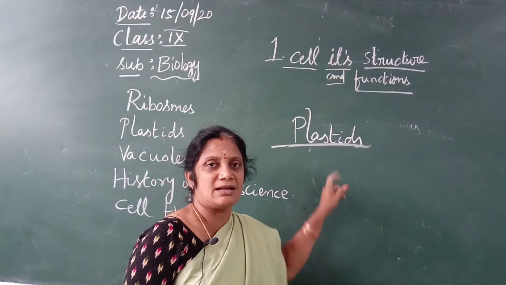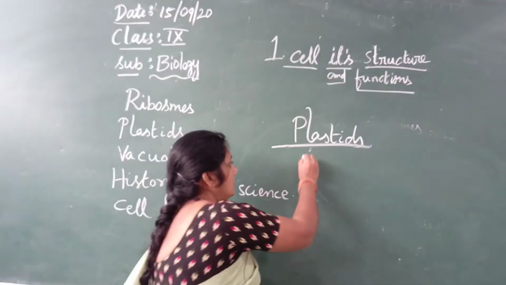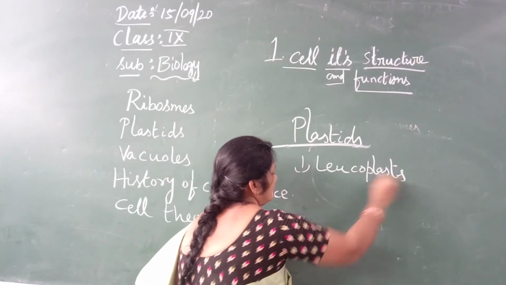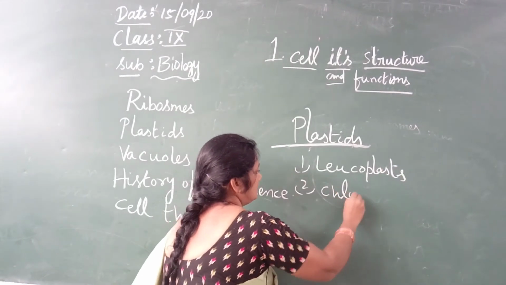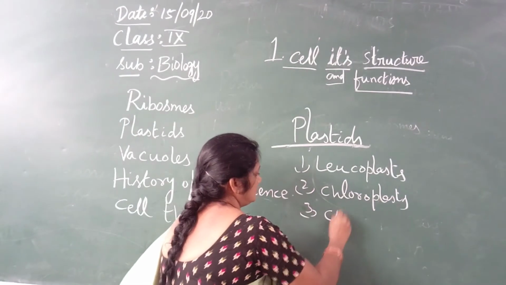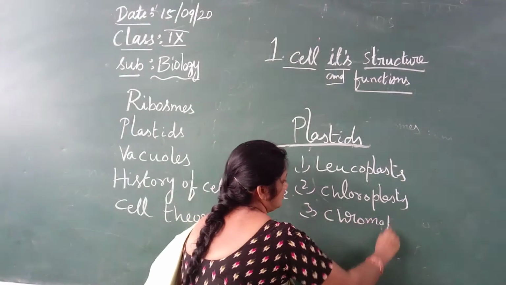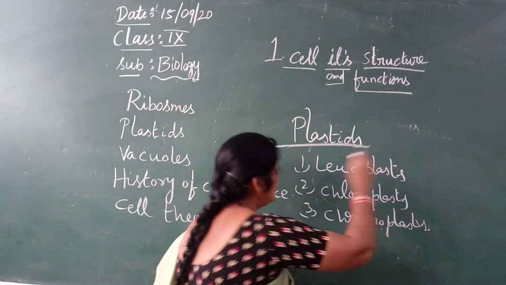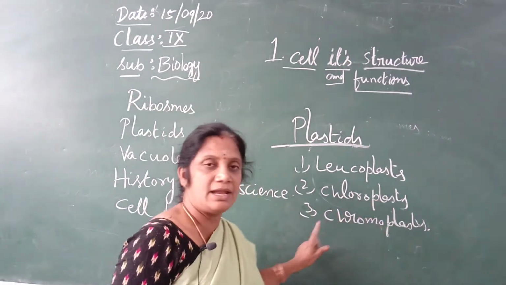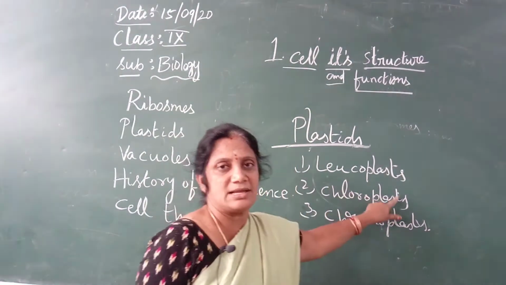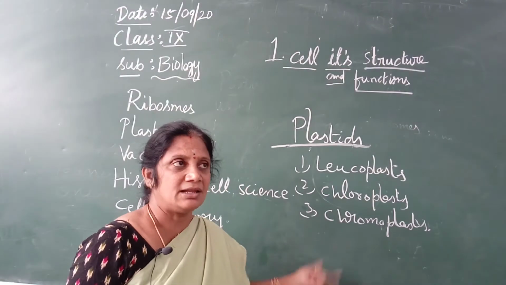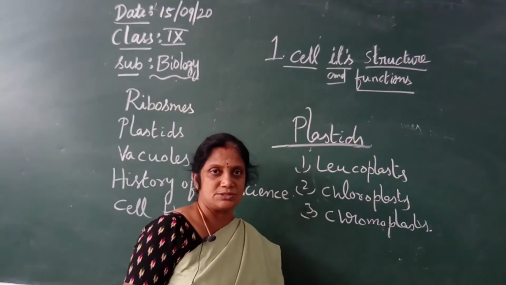These plastids are of three types: leucoplasts, chloroplasts, and chromoplasts. Leucoplasts are plastids that are colorless. Mostly they are present in the roots.